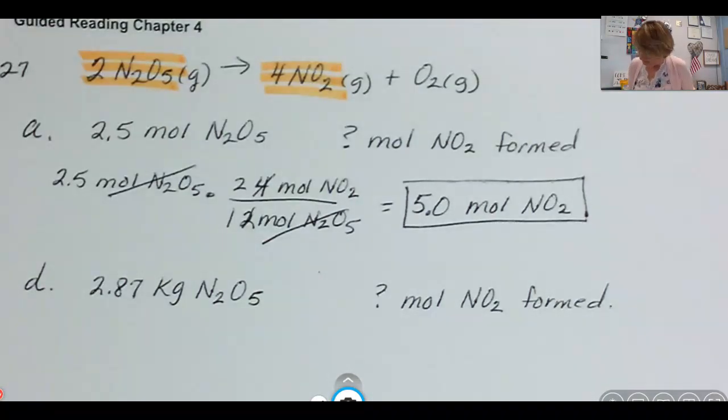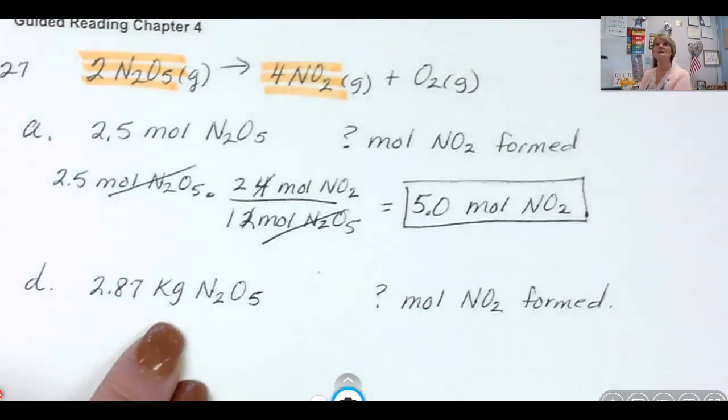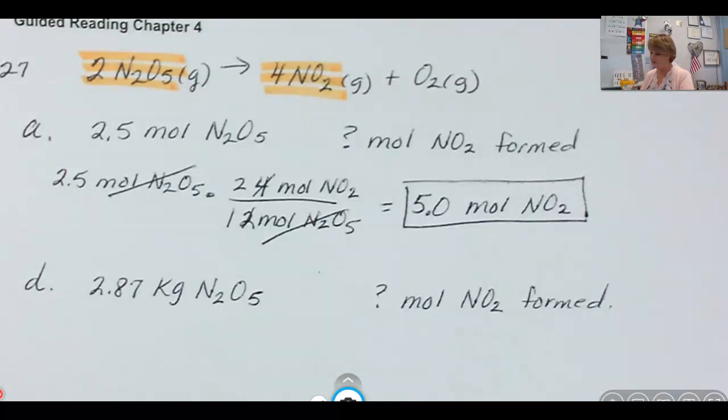So yeah, we've got kilograms. So we know we don't want kilograms. So we're going to need to take kilograms and change it to grams, right? So what is the conversion from kilograms to grams? Okay, so yes, there are 1,000 grams in 1 kilogram. So be sure you get the 1 to the kilograms, 1,000 on the grams.